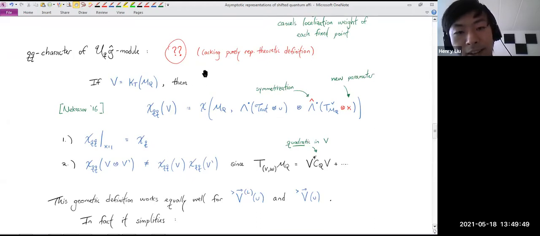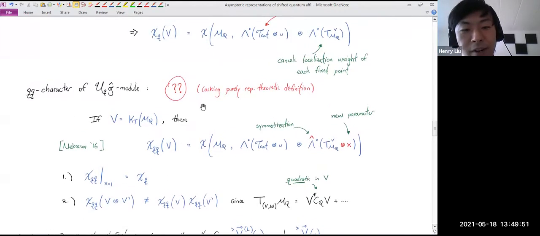who just observed for various reasons that you can take this formula for the Q character and you can introduce a new parameter very easily by just changing this factor, which in some sense for the Q character was extraneous. This term in terms of the tangent space, the tangent sheaf, which was supposed to cancel the localization weight, we can just introduce a new parameter here.